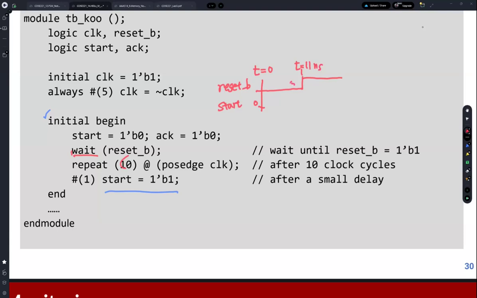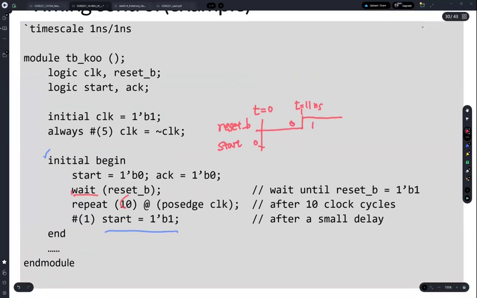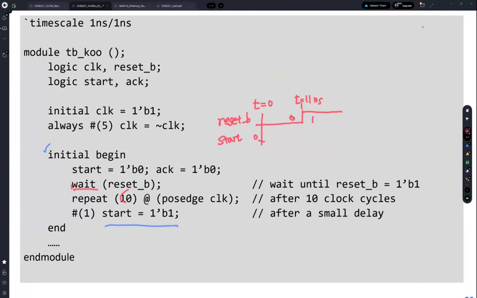It was 0, and then it becomes 1 because reset is not asserted here. Which means that if this timing is 1, then we wait until this time, right?